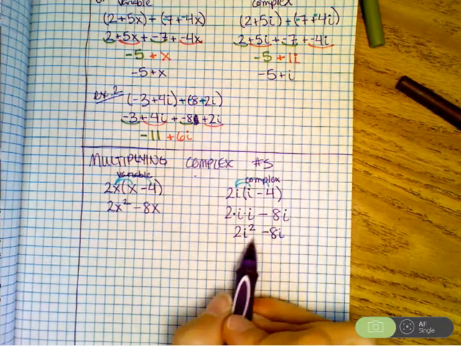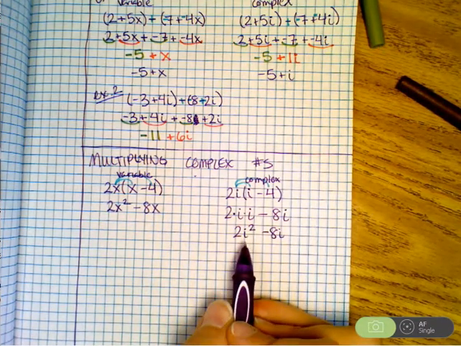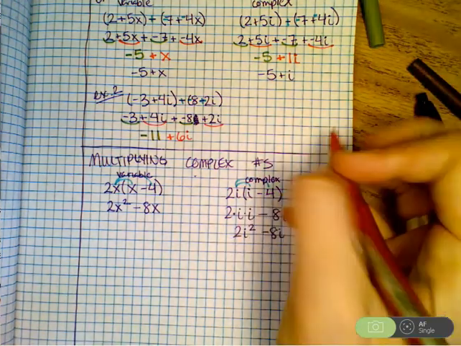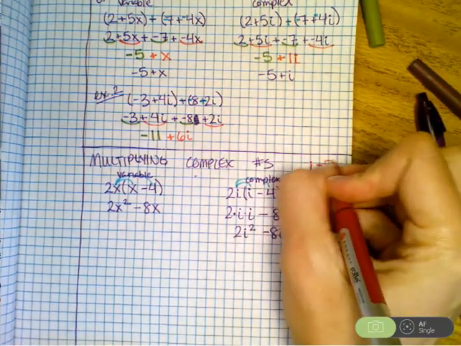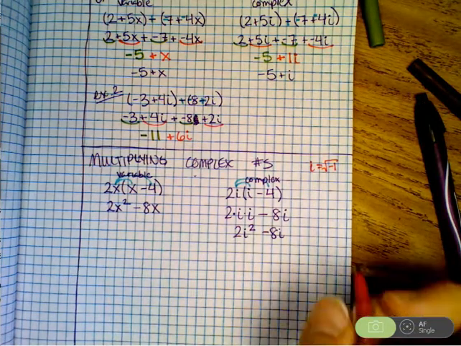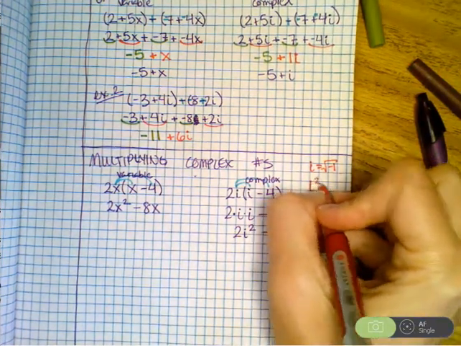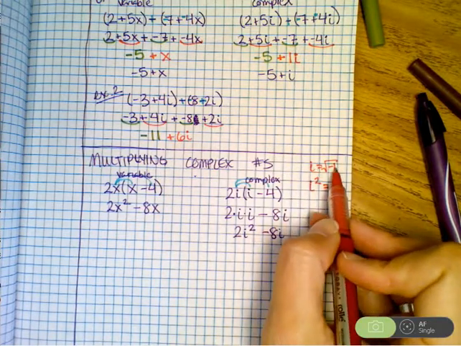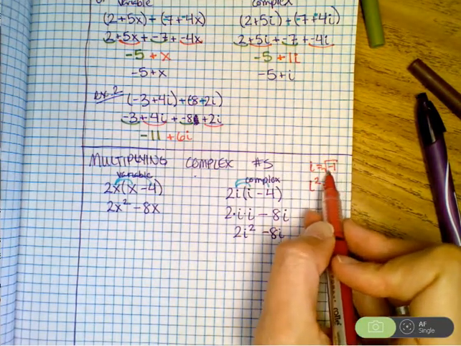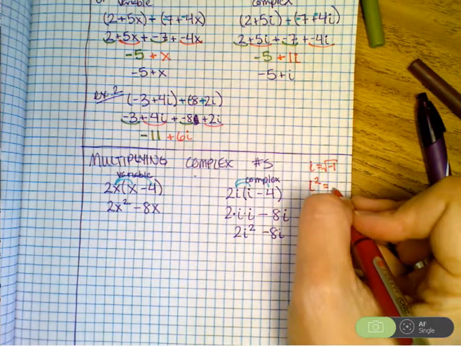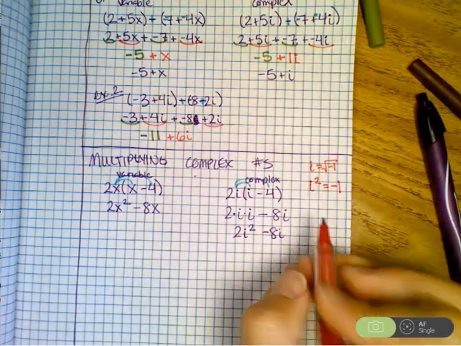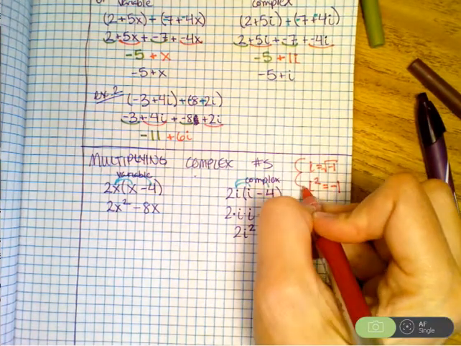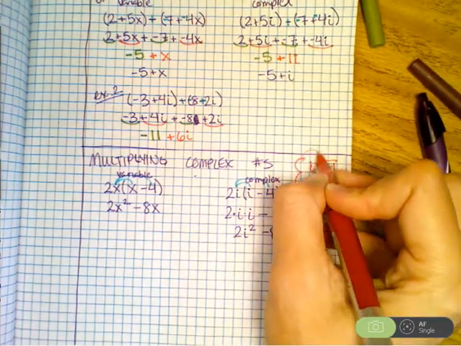But this i squared, this is one of the fundamental ideas about imaginary numbers. Remember, i is the square root of negative 1. Well, if you square both sides of this, when you square a square root, the square root goes away and you're just left with a number. So i squared is always equal to negative 1.